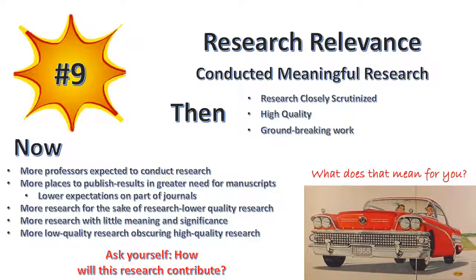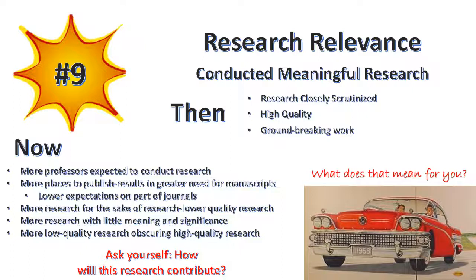But today, everybody's doing research. And because of the internet, everybody's publishing their research. And because of the expectation that everybody's supposed to do it, and there are more places for you to put your research, a lot of these journals are setting very low expectations for the research. Much of the research that I'm seeing is just for the sake of tenure and promotion.